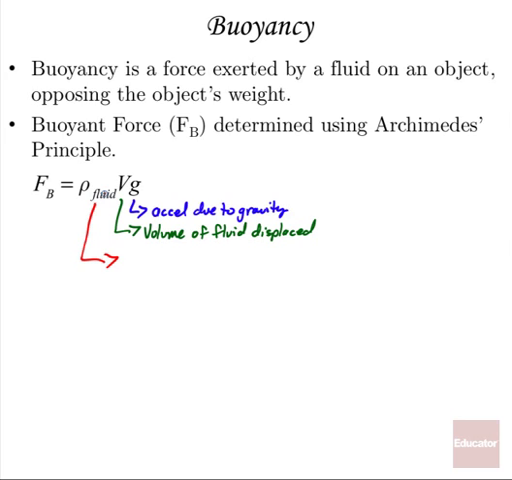It's the density of the fluid that we need in this calculation, not the density of the object. So that's going to be the density of the displaced fluid. And of course, F_B is the buoyant force.